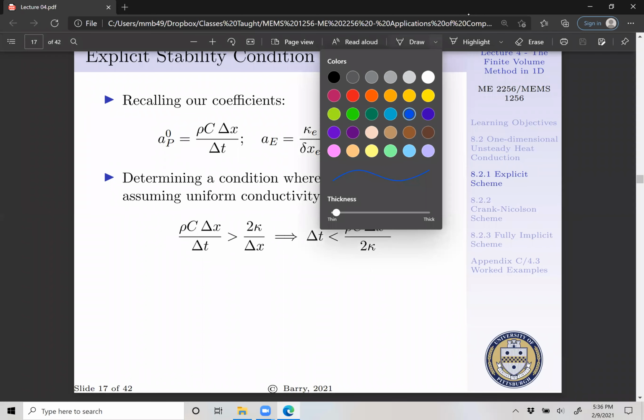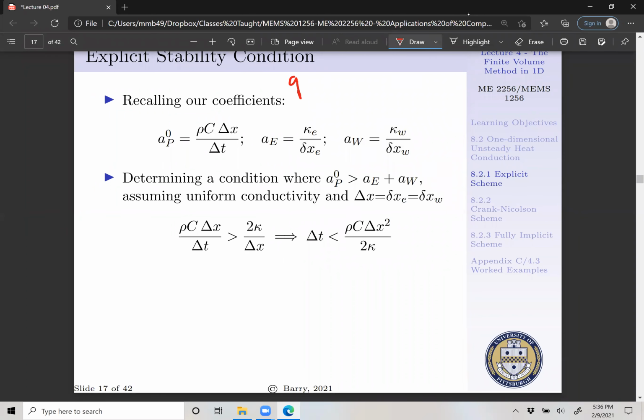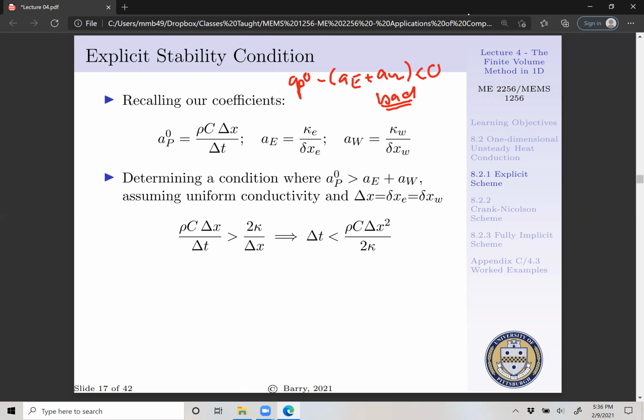So we said that AP naught minus A east plus A west less than 0 is bad, right? That's not good. So we want this quantity to be greater than 0.